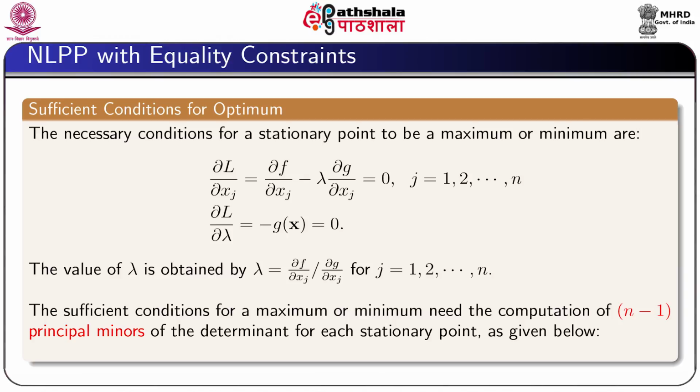Now, the sufficient condition for a minimum or maximum needs the computation of n minus 1 principal minors of the determinant for each stationary point as given below.